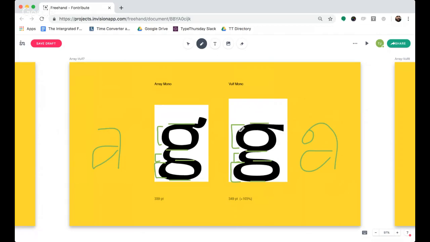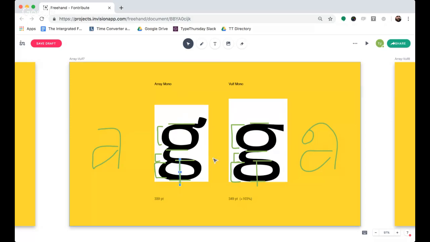The main note you should take is that generally this space, and let's actually just investigate that, if they are equivalent. In this case, notice that the top bowl in Vulf Mono was larger than the bottom loop area. However, both of those are significantly larger than the neck connection, the connector of these two areas. Let's investigate if that's the case for Array Mono. So I'll draw that. Yes, so it's true in both of them.